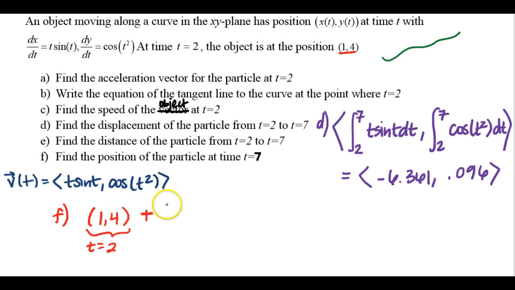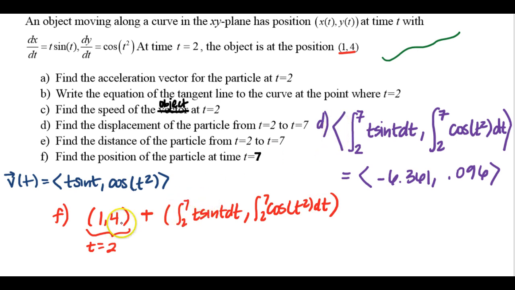So in general, my setup, which I will write all out, is 1, 4 plus the integral from 2 to 7 of t sine t dt, and then the integral from 2 to 7 of cosine of t squared dt, in brackets, because we're still talking about vectors here. This is my starting vector at 1, 4, and this is my displacement of the particle, still in vector form, from 2 to 7. We know this quantity again is negative 6.361 and 0.096, so we're adding those to the horizontal and vertical components of my starting location.